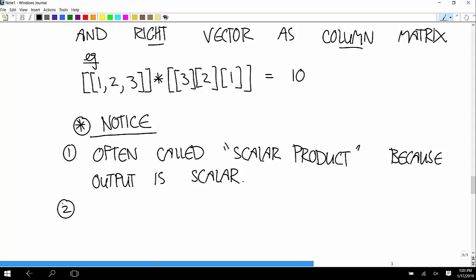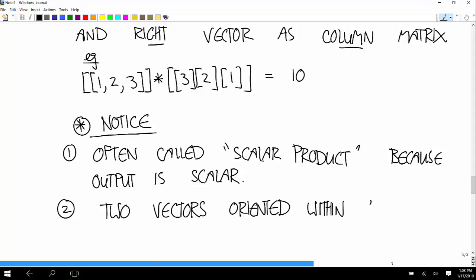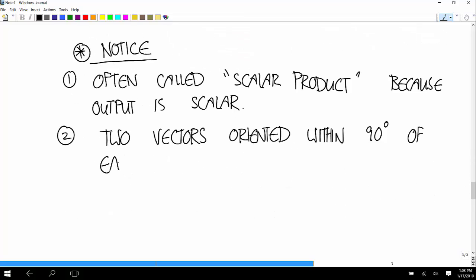Second, two vectors that are oriented within 90 degrees of each other, so we'd be talking about this and this, for example.